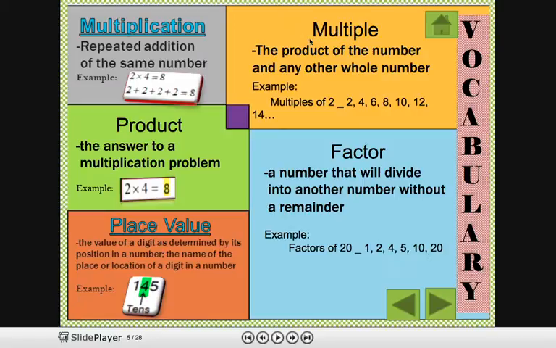Multiples are the product of a number and any other whole number. So multiples of 2 would be 2, 4, 6, 8, 10, 12, 14, because 2 times 1 is 2, 2 times 2 is 4, 2 times 3 is 6, 2 times 4 is 8, 2 times 5 is 10, 2 times 6 is 12, and 2 times 7 is 14.